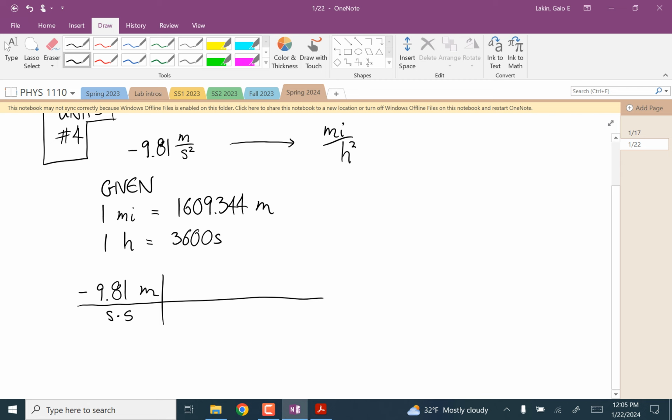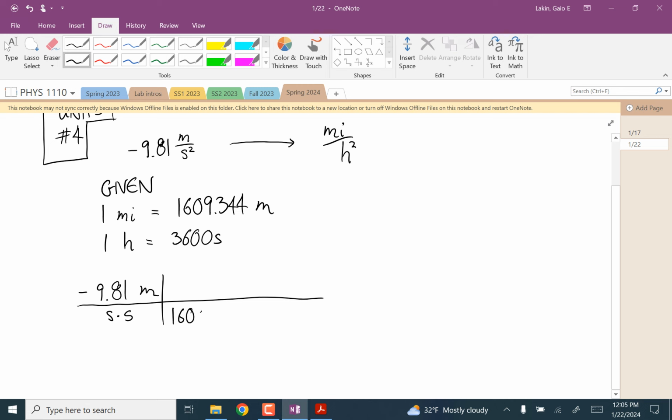And I'm going to just start by first converting meters to miles. So I need to use the ratio, with this conversion here, that has meters in the denominator so that I can cancel these meters.